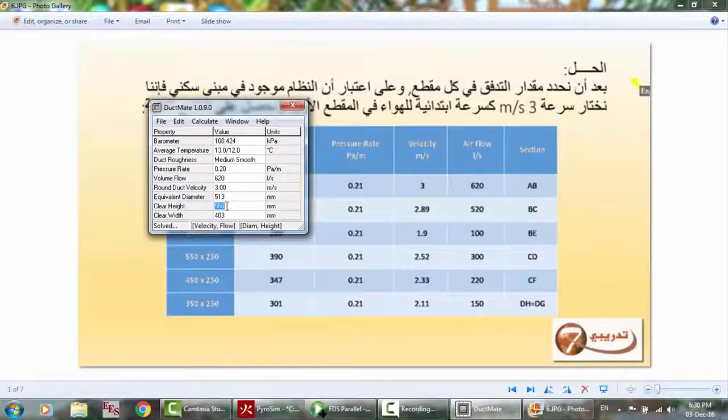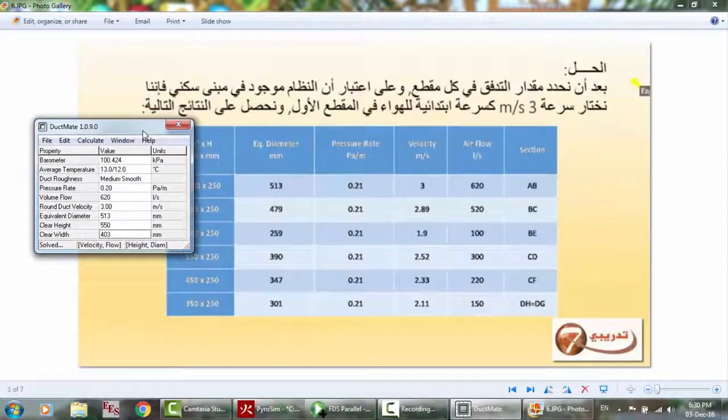Okay, it's okay. And here the clear height, so divide this by this to know the aspect ratio. It should be within 3 to 1, 2 to 1, 1 to 1, and does not exceed 4 to 1. It's up to you. So here is the equivalent diameter. Look, 513. Yeah, in just 1 second.